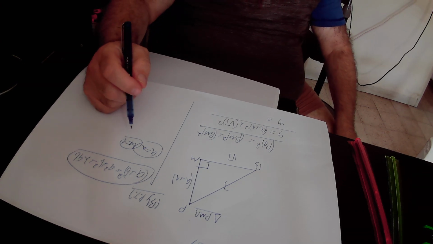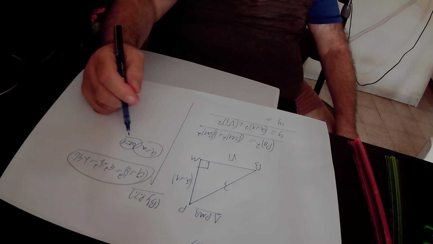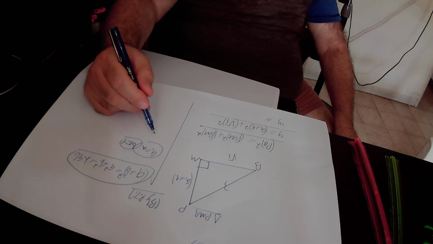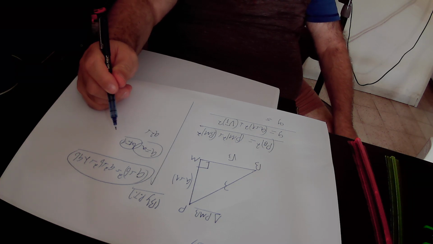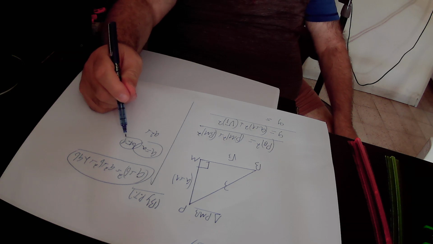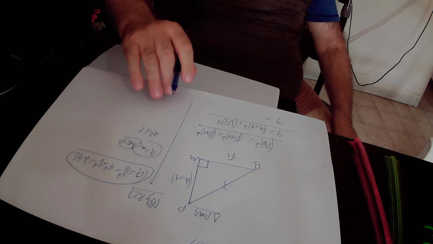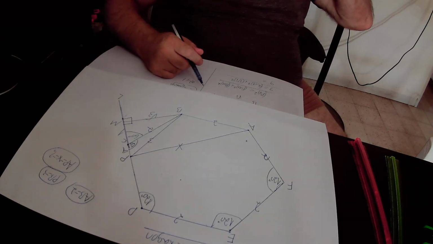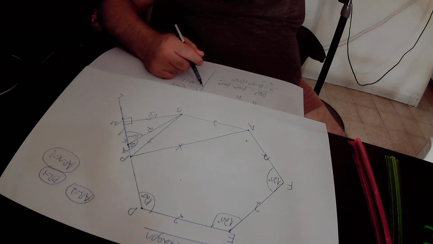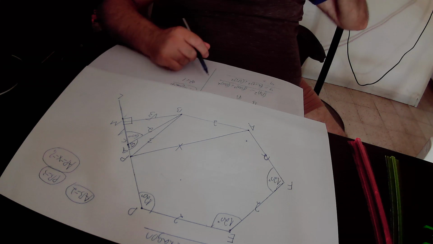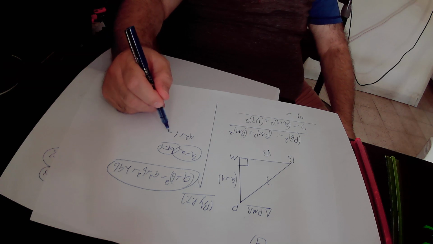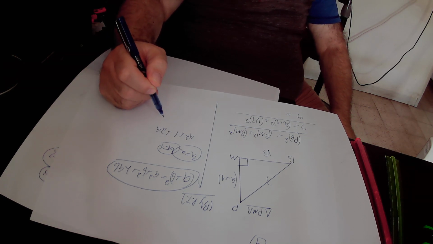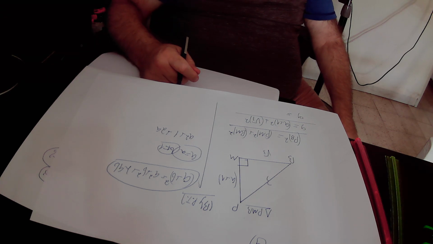According to this identity, A plus B squared equals A squared plus B squared, where B squared is 1 squared, plus 2AB, which is 2A.